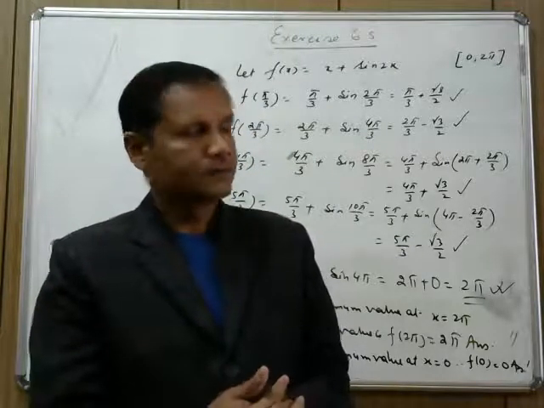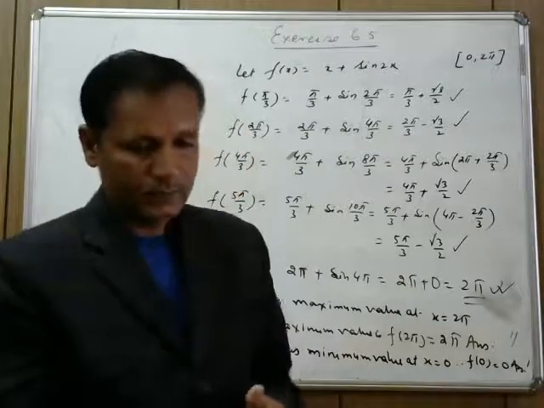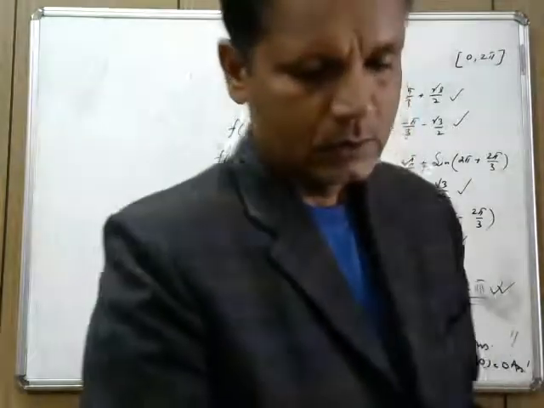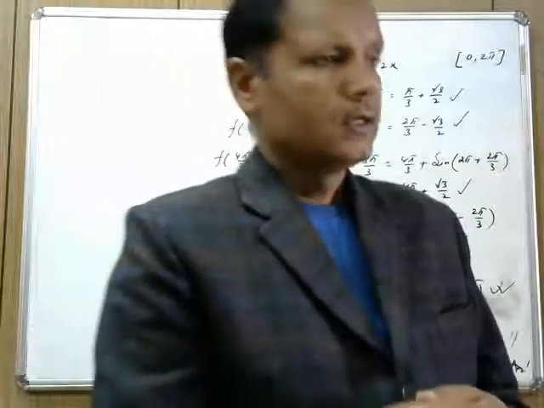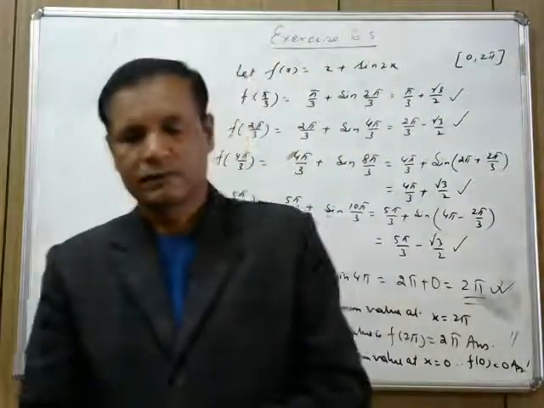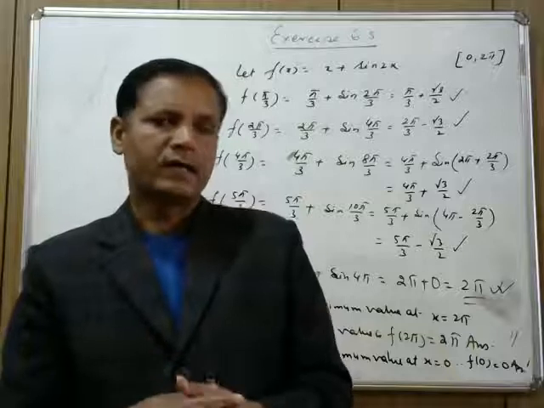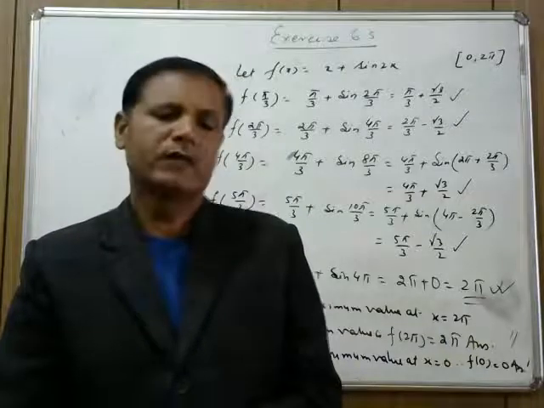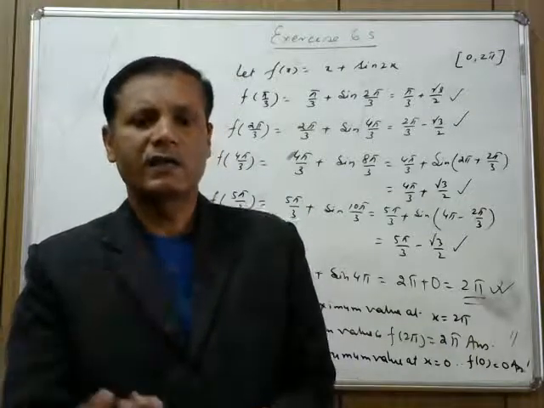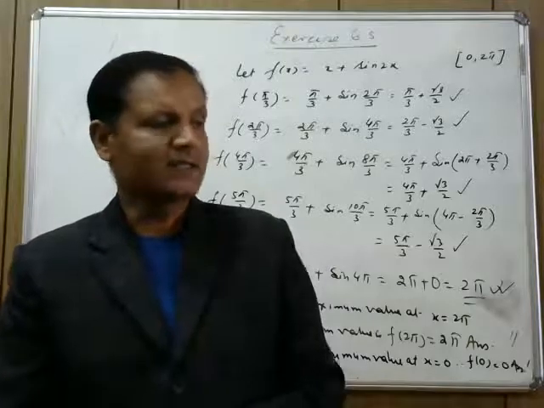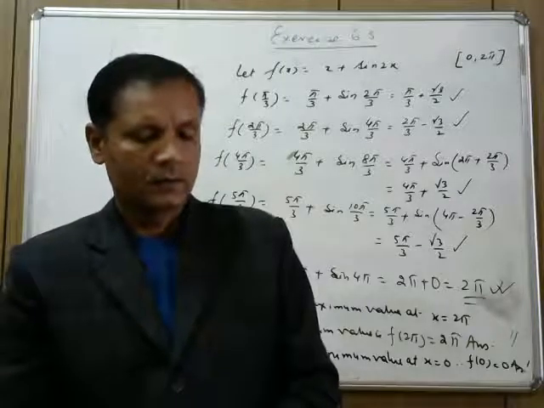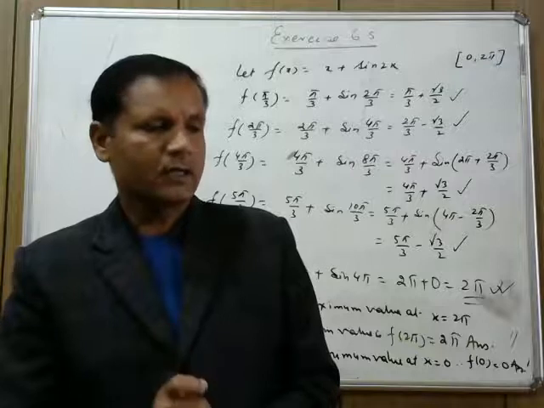But from question 13 onwards, only word problems are given, and accordingly you have to find out its maximum value or minimum value, or certain conditions we have to prove. That's why in this section we have to be particular enough.